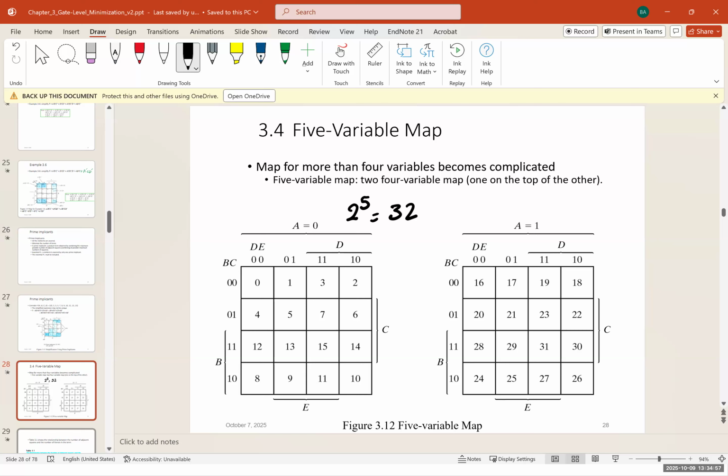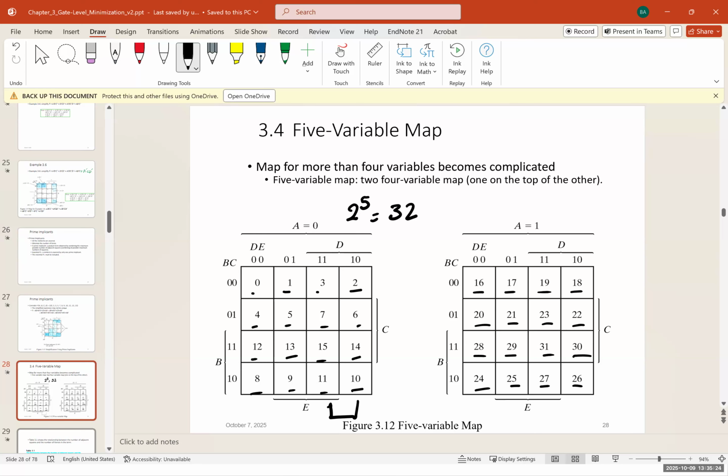The way we will write the minterms is going to be m 0, 1, 3, 2, 4, 5, 7, 6, 12, 13, 15, 14, 8, 9, 11, 10, exactly like the 4 variable map. And then we will continue with 16, 17, 19, 18, 20, 21, 23, 22. Then we would jump 1 row, 24, 25, 27, 26, 28, 29, 31, 30.